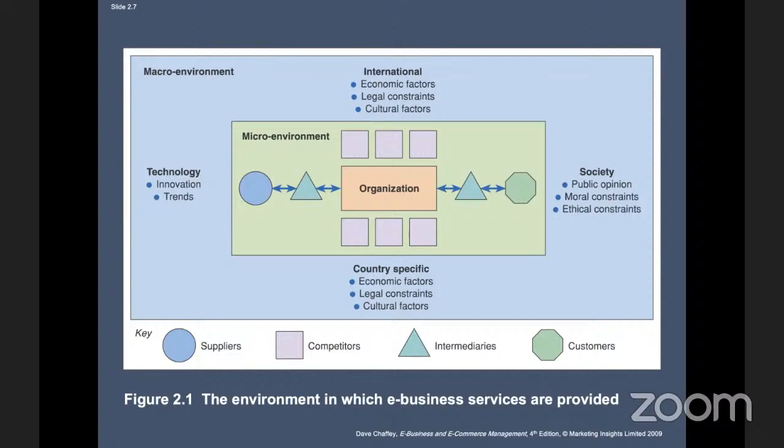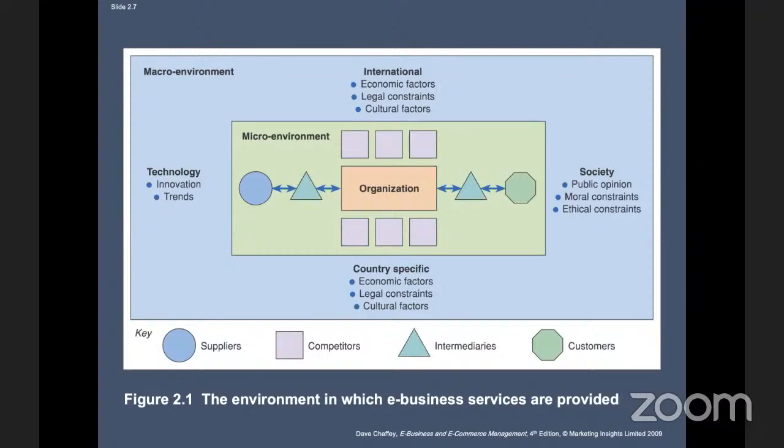Here intermediaries can be different platforms, different websites, different search engines, or the intermediaries can be the people who are involved in B2B business activities.